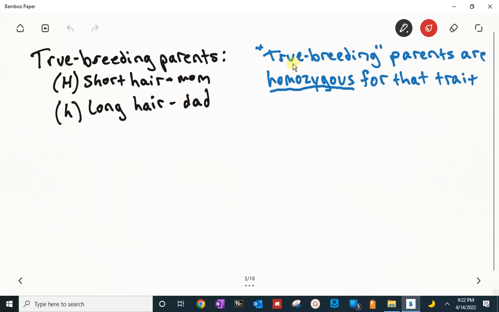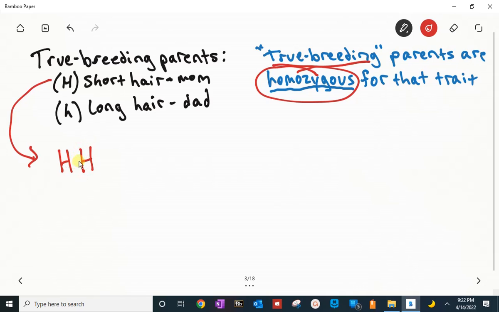So as I said before, the true breeding parents are homozygous for that trait. So the short hair from the mom is going to have a capital H and another capital H for her pair of chromosomes with the gene for hair length.